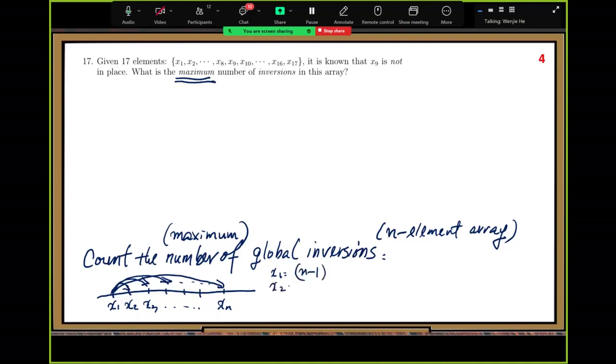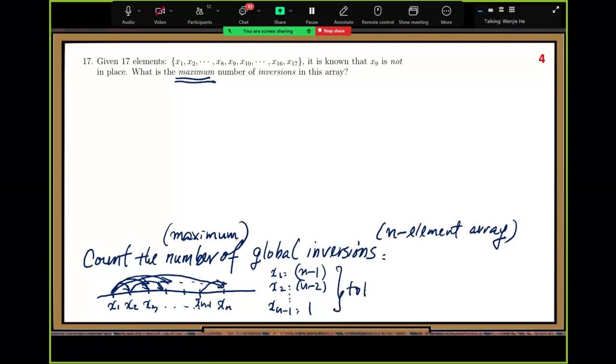Starting from x2, x2 is the first element in the pair. So we only look at x2 with the elements after x2. So n minus 2 inversions, and so on. xn minus 1, only 1 inversion.